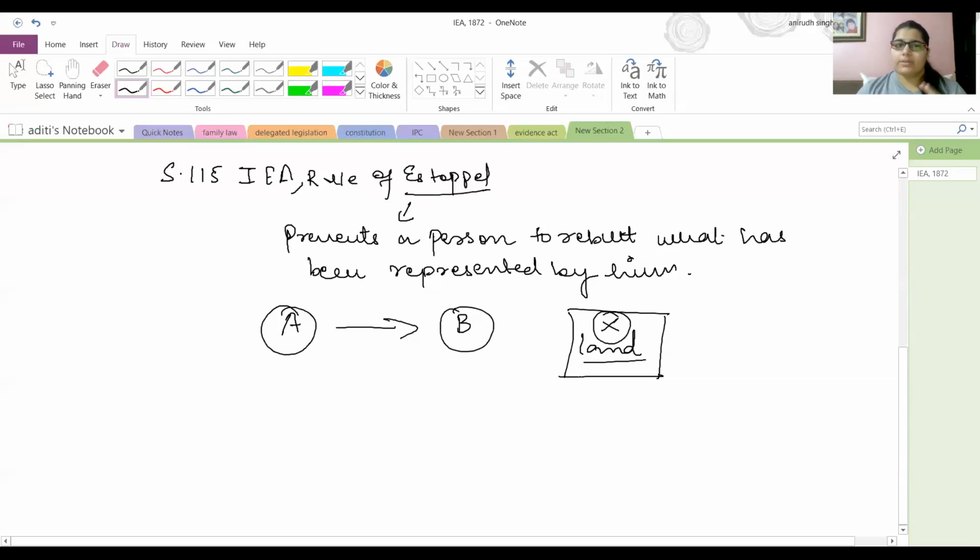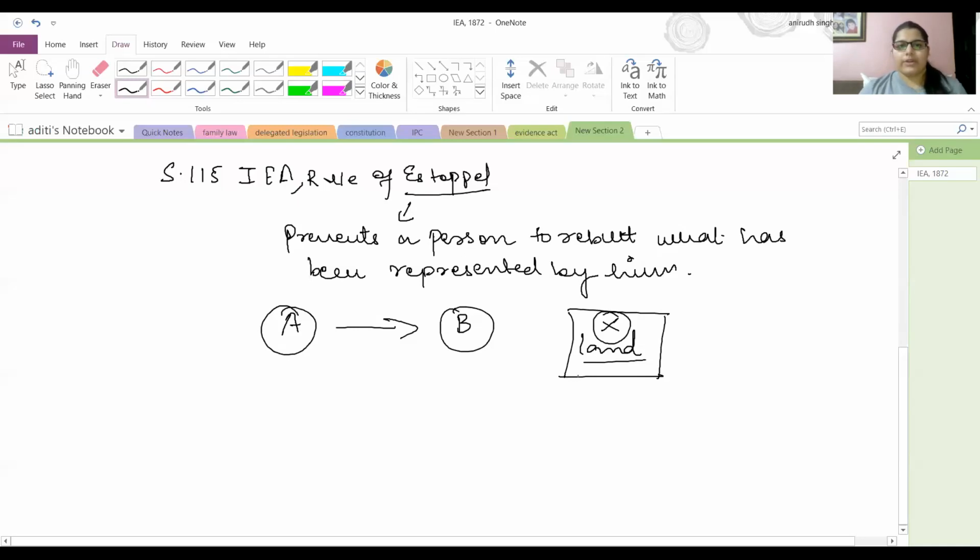So here comes the rule of estoppel into existence. As A has already claimed that he is the owner of the land or has the title and possession of the land, he cannot deny this fact, or say that no, I am not the owner of this particular land. So this is given under section 115 of the Indian Evidence Act.